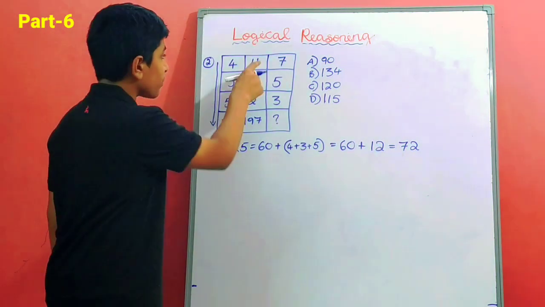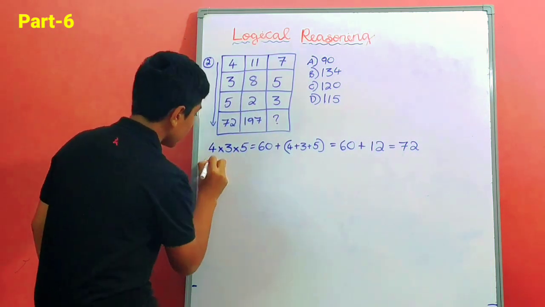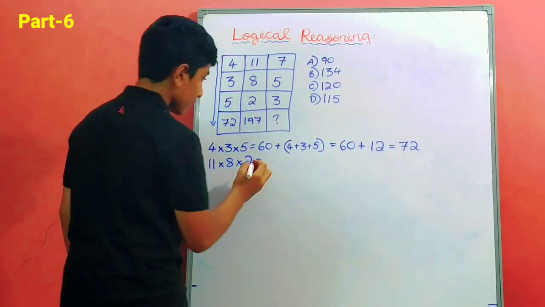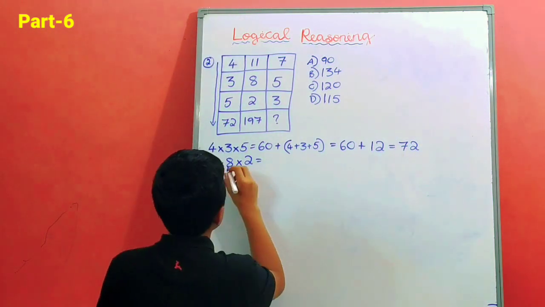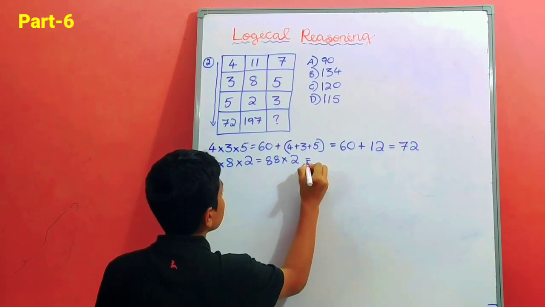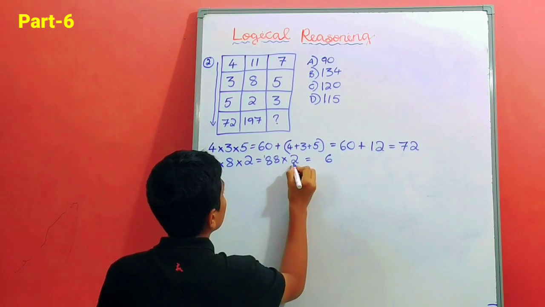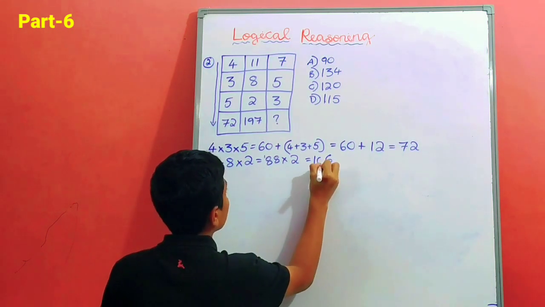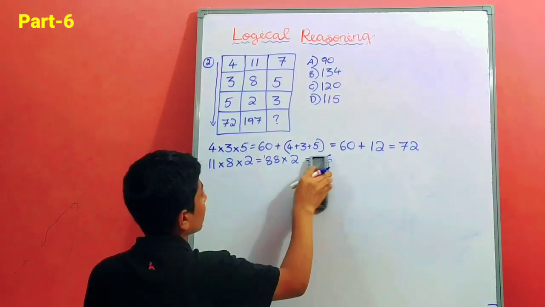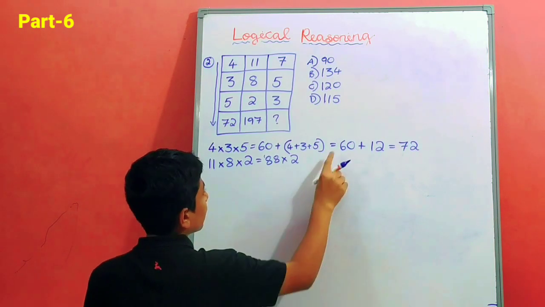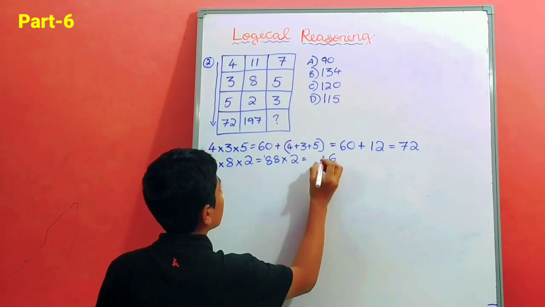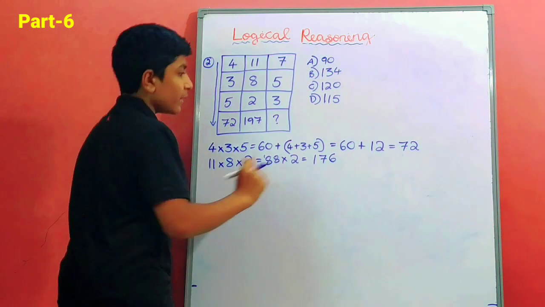We see the same logic for the next one. 11, 8 and 2. We do 11 times 8 times 2, which gave us 88 times 2, which is 176.